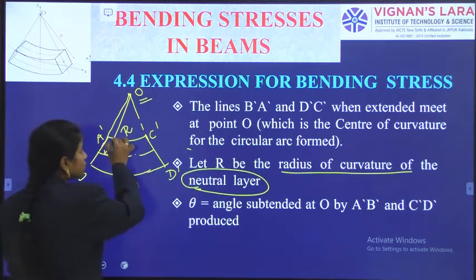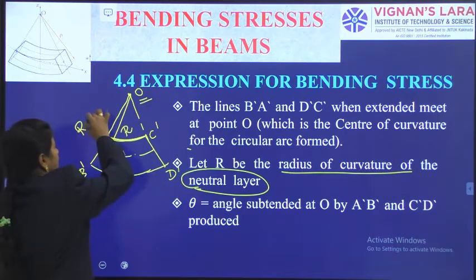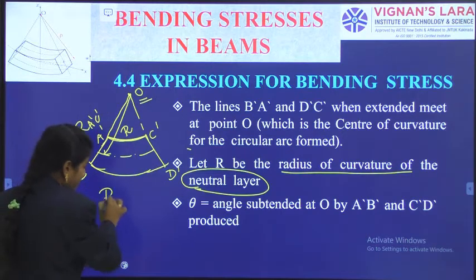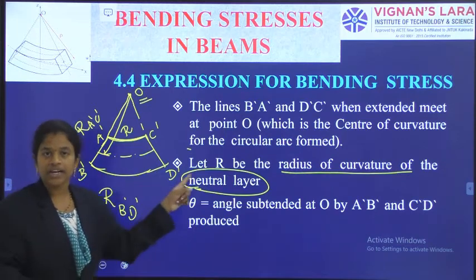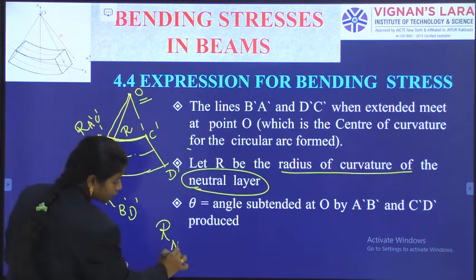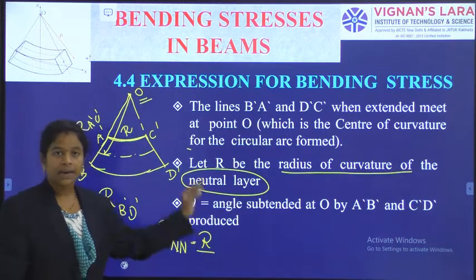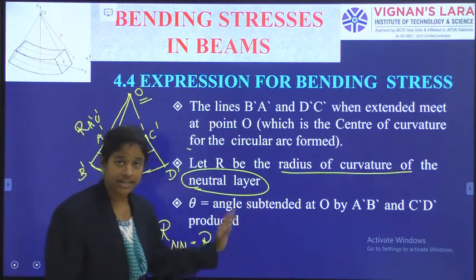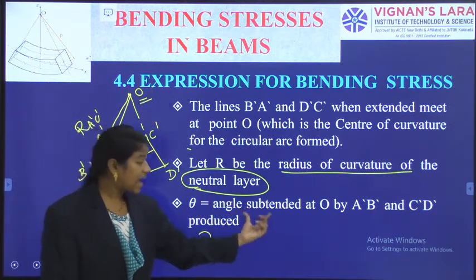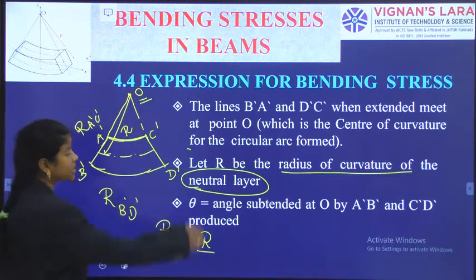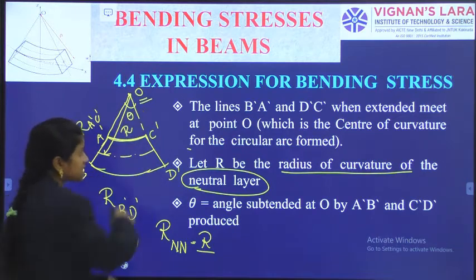Okay, this value is something, maybe some other R for A dash C dash and R for B dash D dash. Those values were different, but for the neutral layer, I am indicating the radius of curvature as capital R only. Okay, capital R is the radius of curvature of the neutral layer, O is indicated as the center of curvature, and theta is the angle subtended at O, which is in between A dash B dash and C dash D dash.